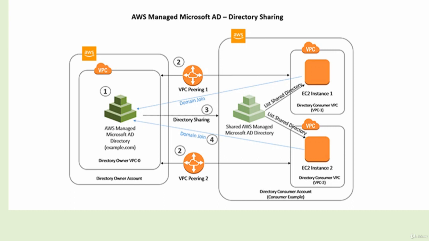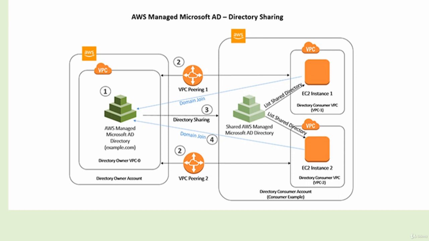There are certain use cases with working examples. Suppose we have a VPC, virtual private cloud, deployed in our AWS region, connected with a different region. We have a directory owner account and a directory consumer account. We can associate them using VPC peering and directory sharing.